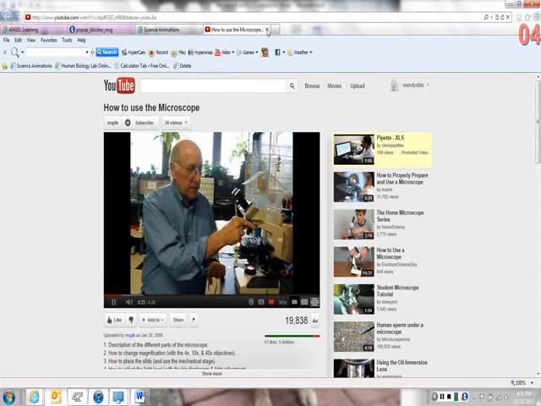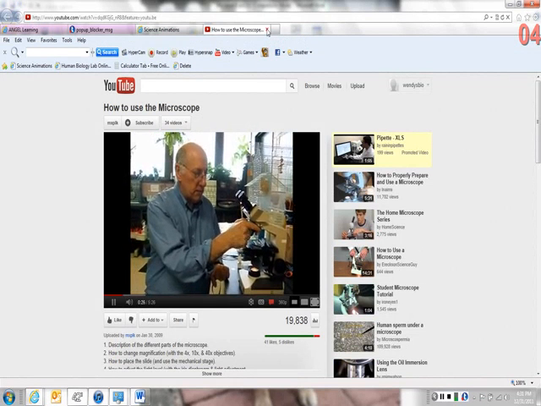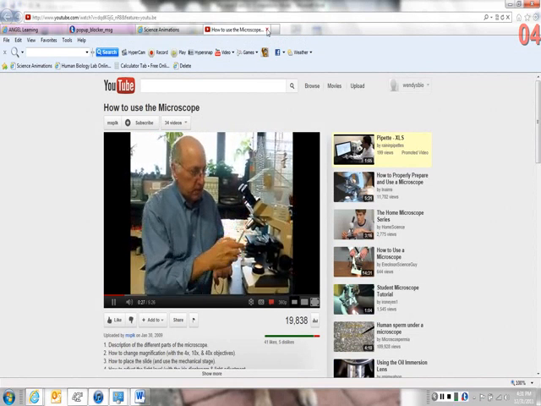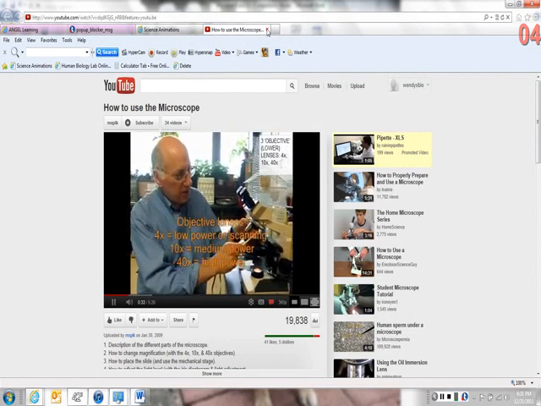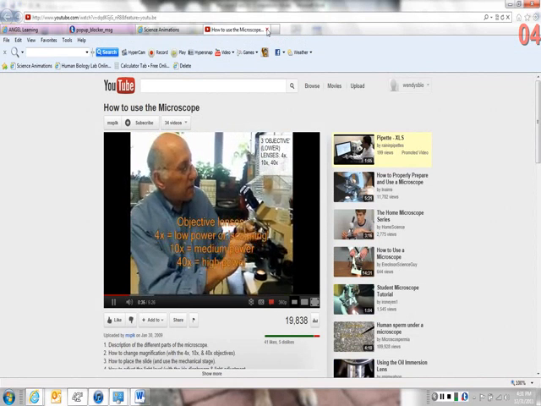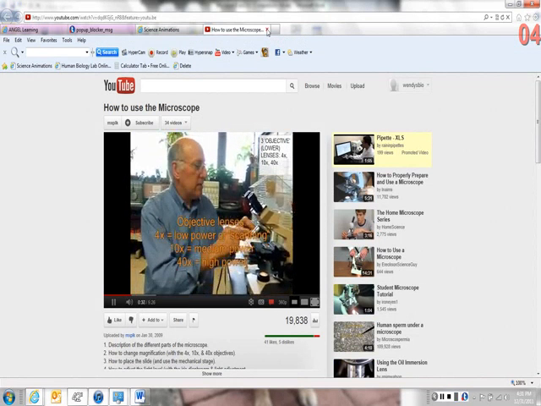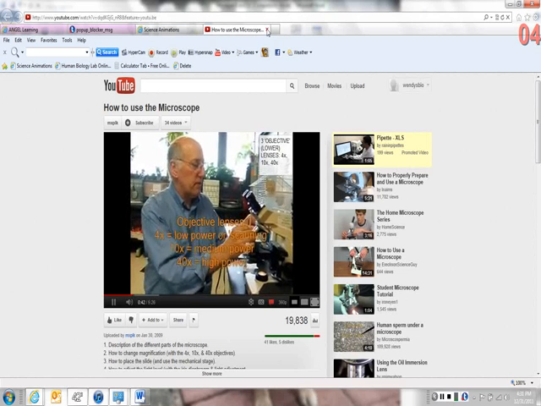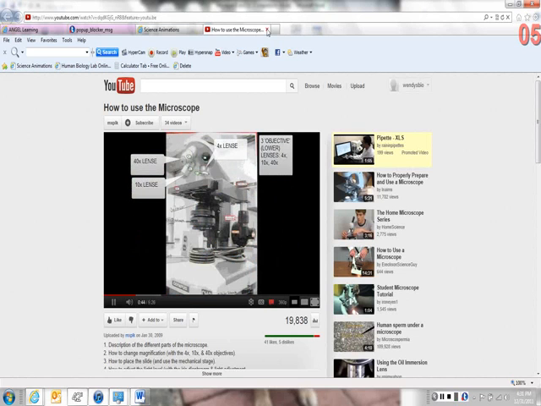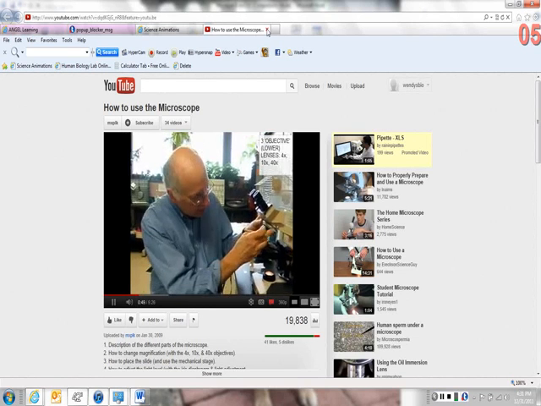This is a revolving nose piece that allows us to turn and change objectives. The objectives usually are in 3 magnifications, and it says it right here, 4. The medium-sized one is 10, and the big one is 40, and they click into place.